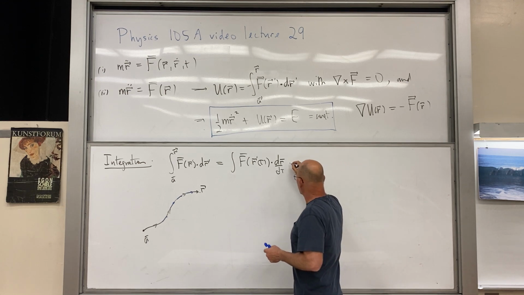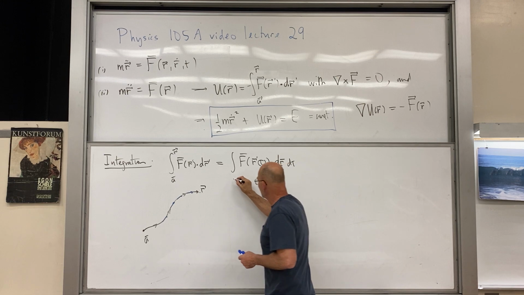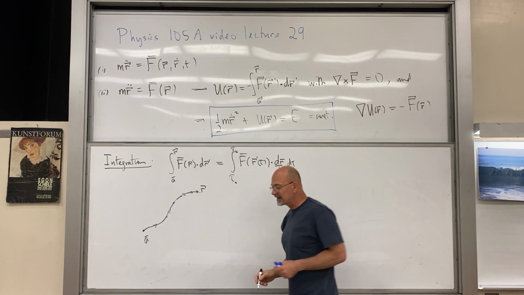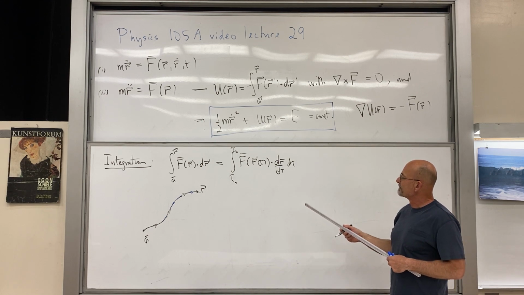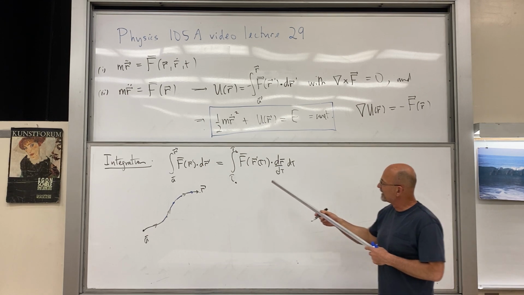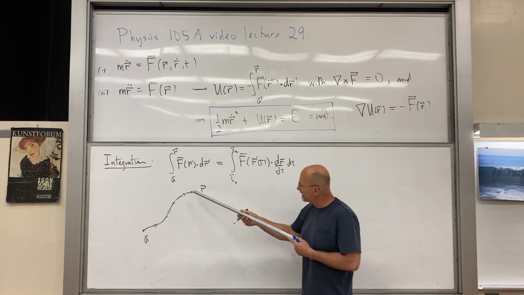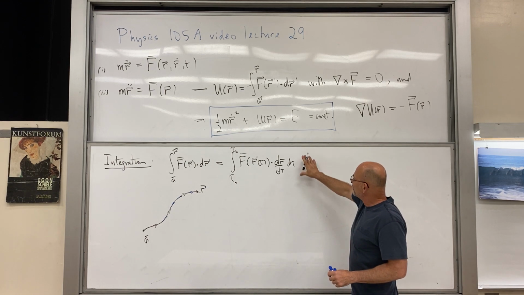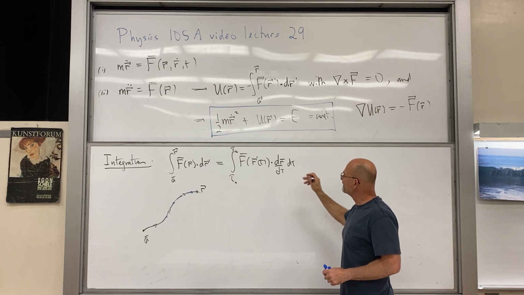So then we integrate that over d tau, from tau sub A to tau sub B, and that R prime of tau sub B is right there at our endpoint. So that's how we do integrations like that. And I'm going to give an example.